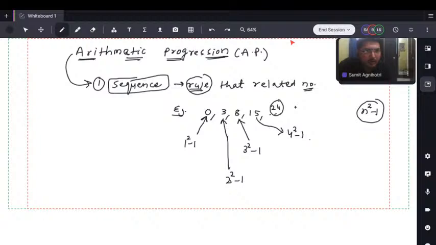A particular sequence where the common difference is the same is known as AP. Now I will tell you the meaning of this common difference. You don't worry. First let me know whether you understood what a sequence is. Yes, sir.